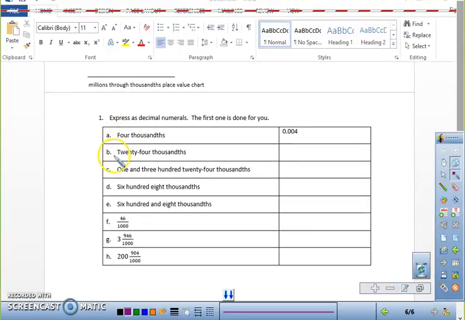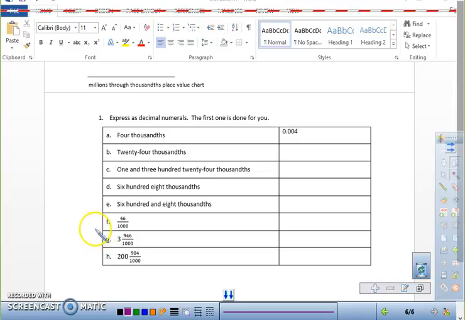This first one is done for you, so they had you write 4 thousandths, so that would be 0.004, with a decimal over 3 places. You need to write out 24 thousandths as a decimal. You need to write 1 and 324 thousandths as a decimal, 608 thousandths as a decimal, and you need to write each of these fractions as a decimal as well.